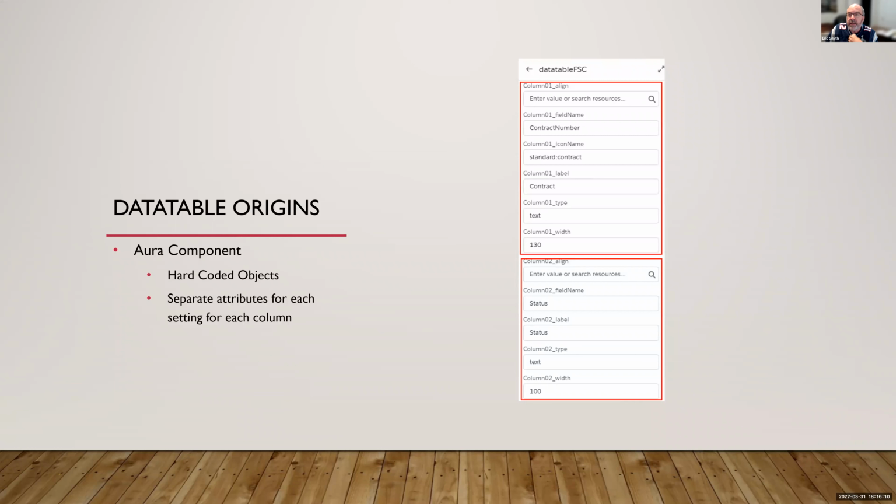So with the original data table as an Aura component, I had to, for example, hard code all of the objects that I may want this to interact with. We didn't have that dynamic object selection when we were configuring the component back then. I had to specify individual attributes, and each and every attribute for each and every column had to be put in as a separate parameter for the flow.